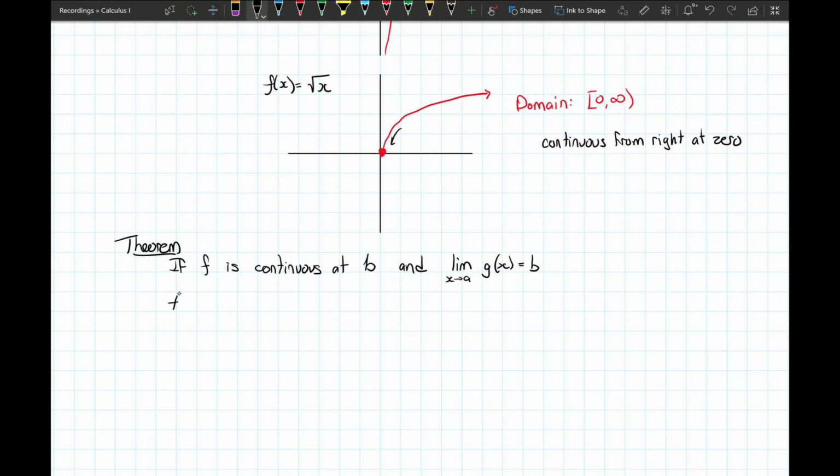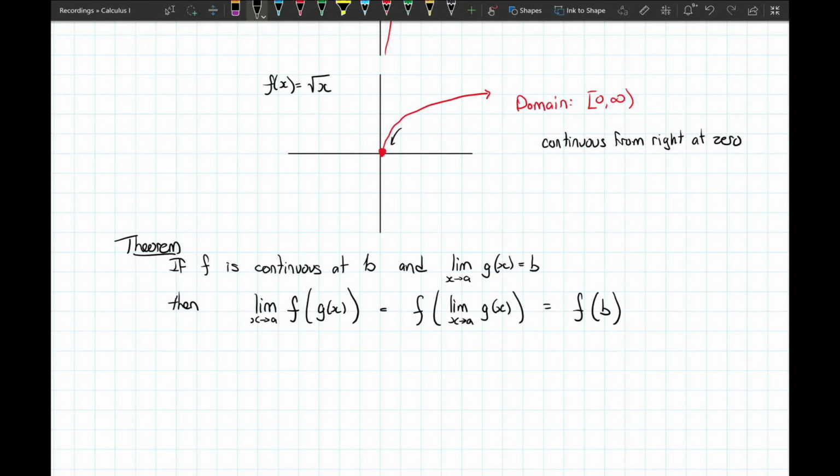Then, as a consequence of those two conditions, if we ever find ourselves having to take the limit of a function f with another function inside of it, g, and we know that the limit of g of x as x approaches a is equal to b, then we can go ahead and take the limit of the inside, find the result is b, and because f is continuous at b, we can simply evaluate the outside function at b.